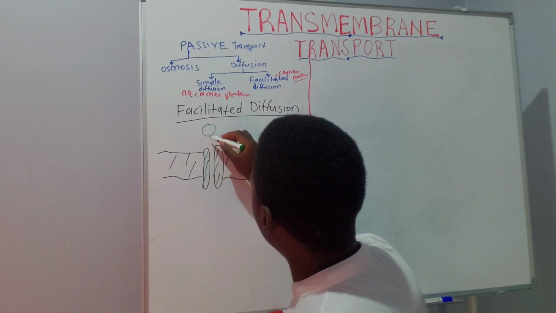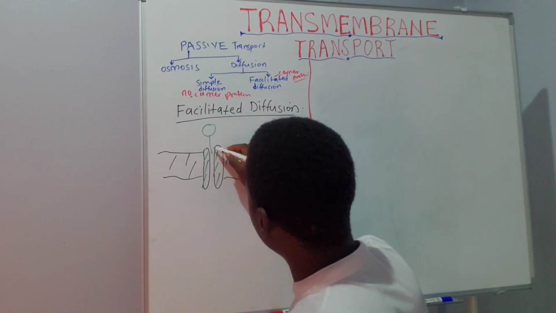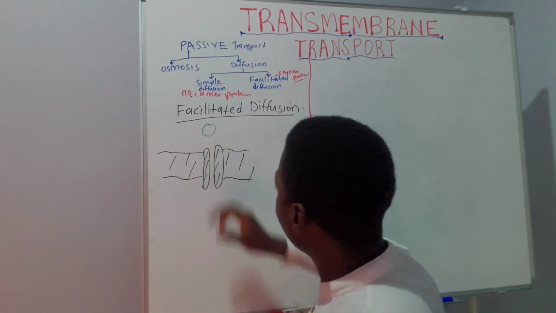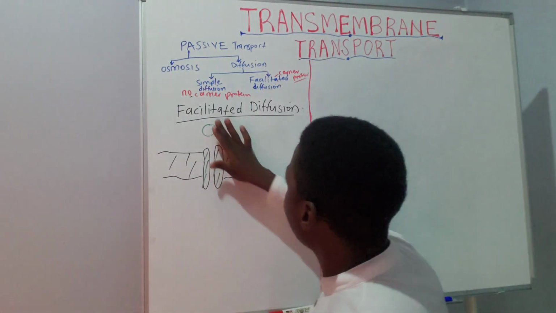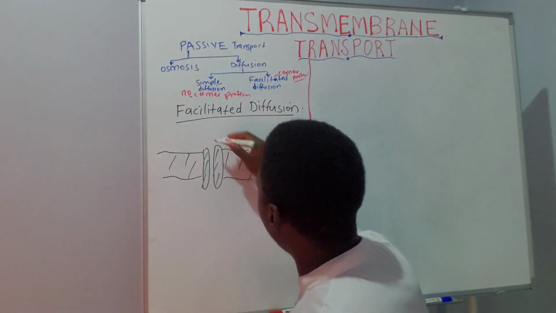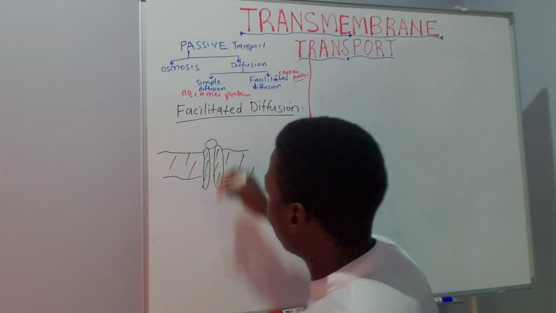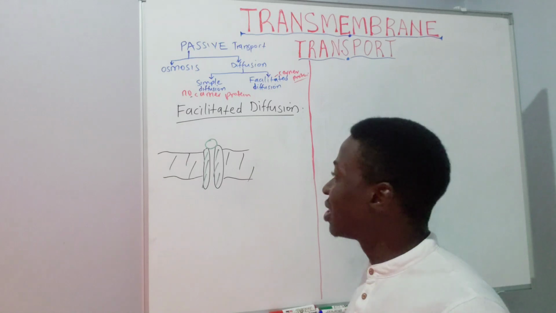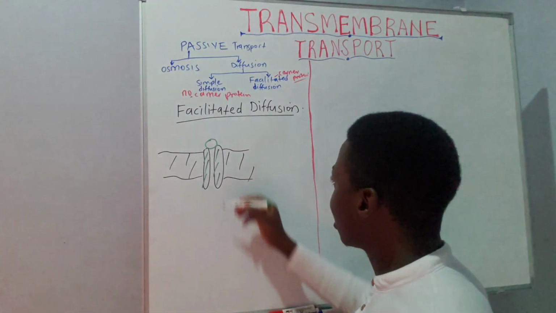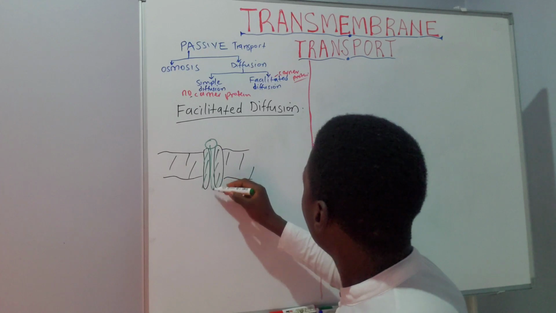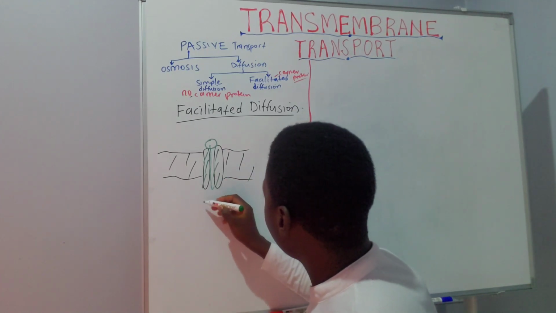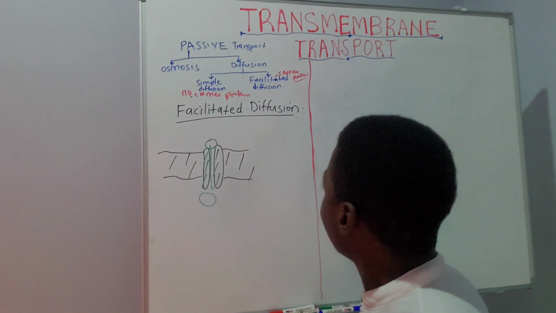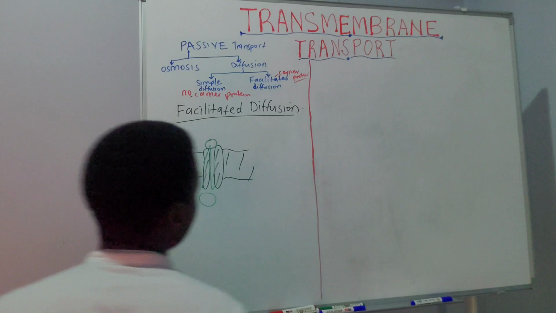A molecule requires help to move by this carrier protein. The unique thing is that when this molecule binds onto this channel, the channel undergoes a conformational change and the molecule is moved to the other side of the membrane. So this is an example of facilitated diffusion.